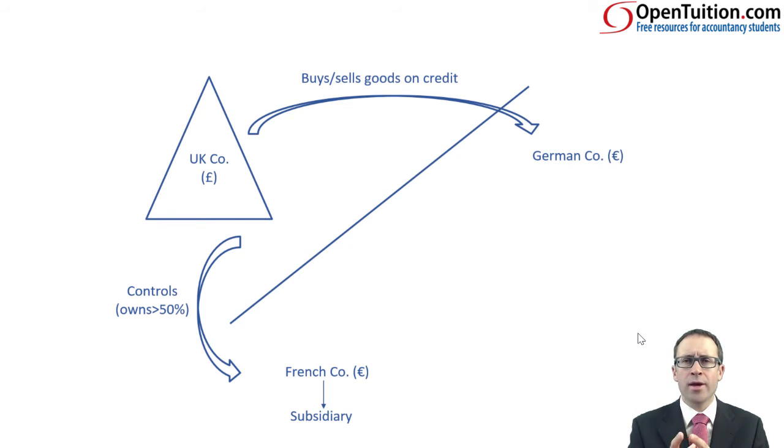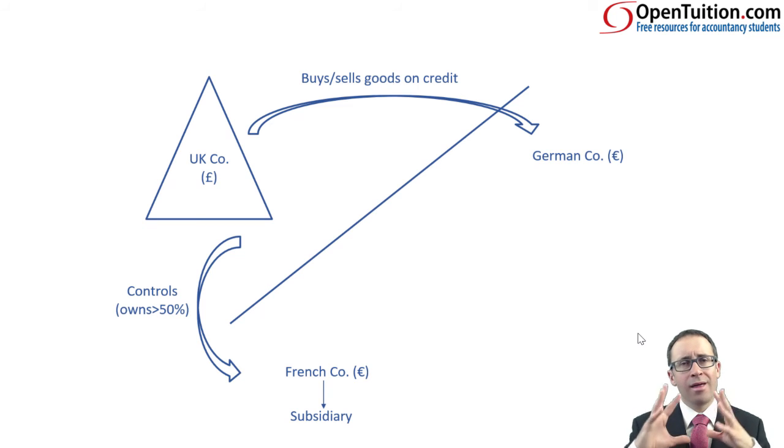So here you have a UK parent company, its functional currency is the pound sterling. The likelihood is that its group accounts will be presented in pound sterling as well. That gives us the issue with regards to the consolidation of the overseas subsidiary, because we need to do a little bit of translation of that overseas subsidiary prior to performing any consolidation.